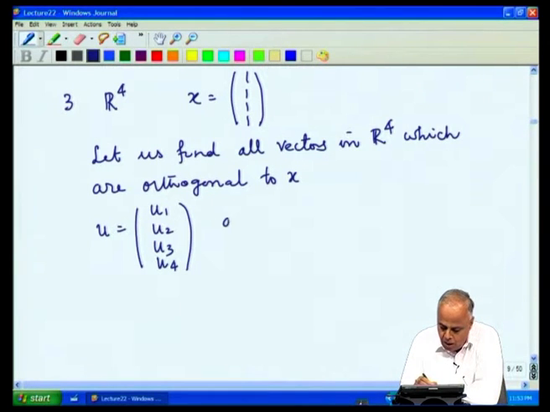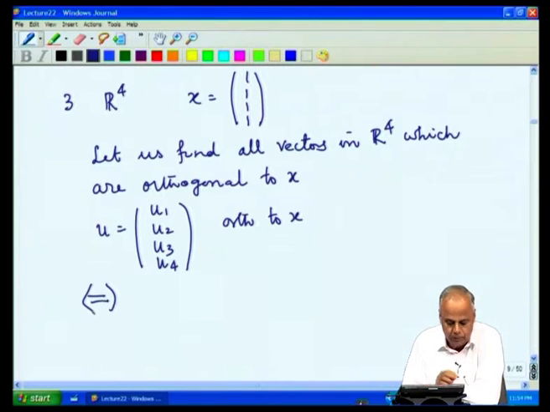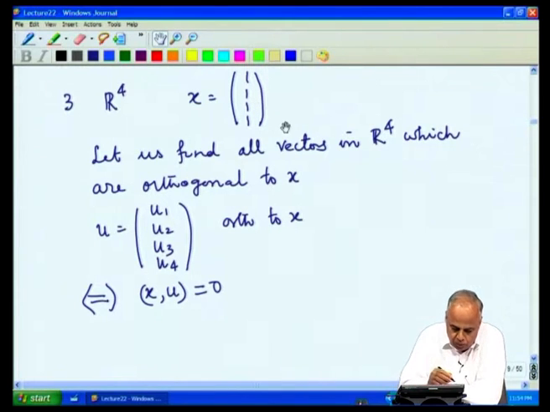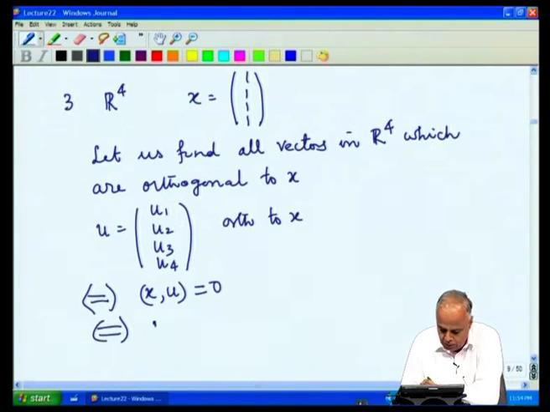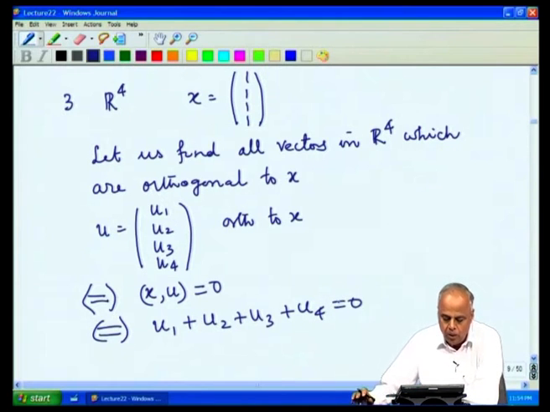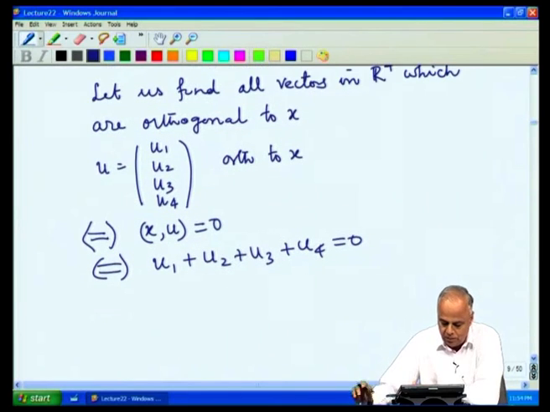Suppose u is orthogonal to x. This can happen only when the inner product of x and u is 0. But what is the inner product of x and u? It is u_1 + u_2 + u_3 + u_4. So, this happens if and only if u_1 + u_2 + u_3 + u_4 equals 0. Therefore, a vector is orthogonal to x if and only if the sum of all its components is equal to 0.